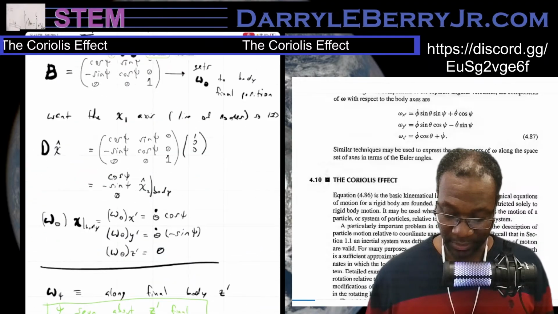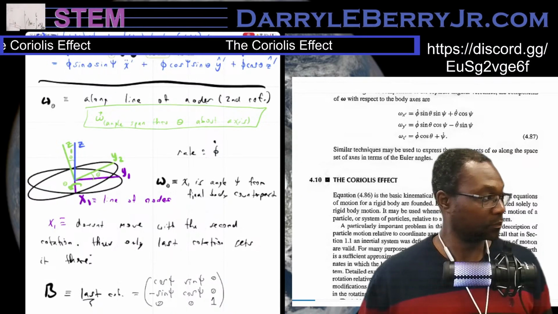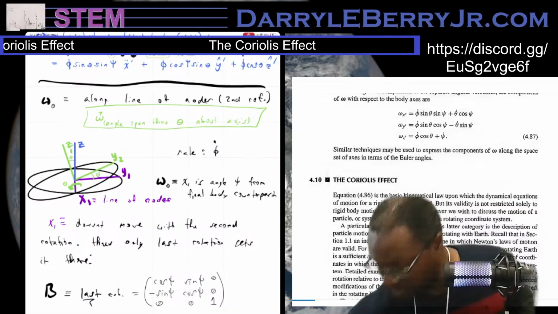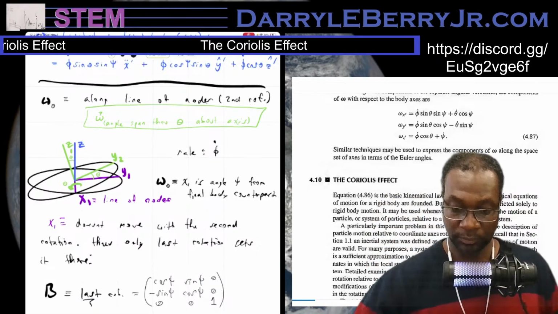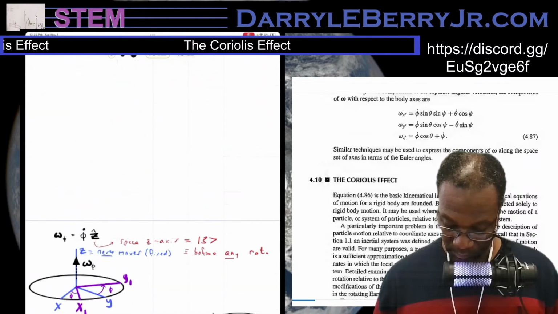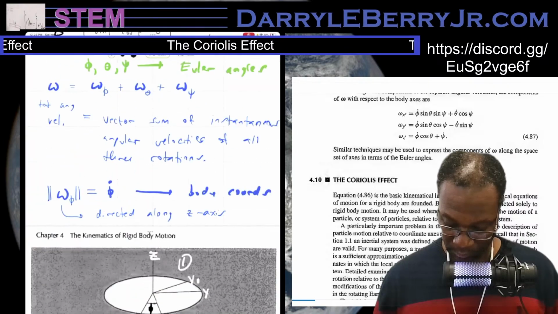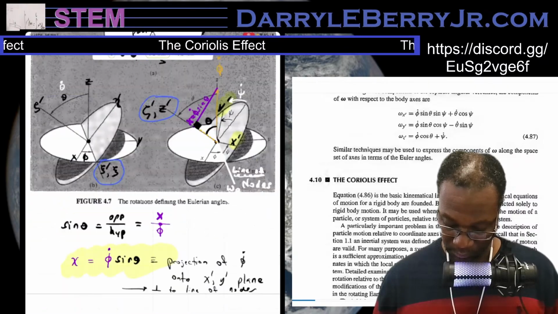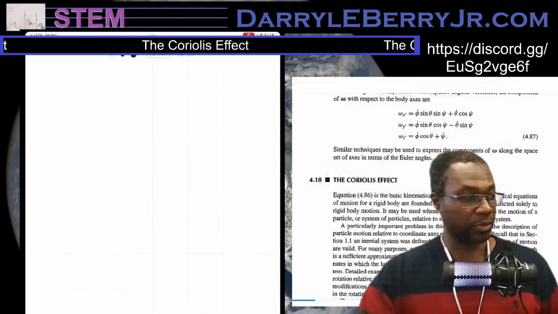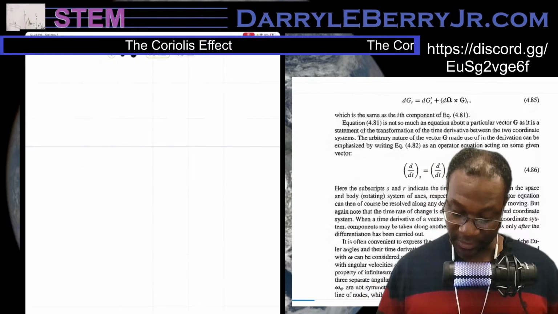So let's go to 4.86. Probably easier at this point just to scroll in the book. So that's 4.86.